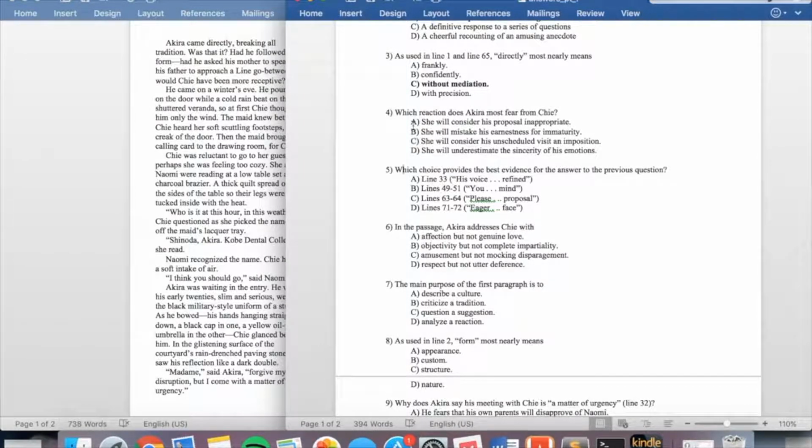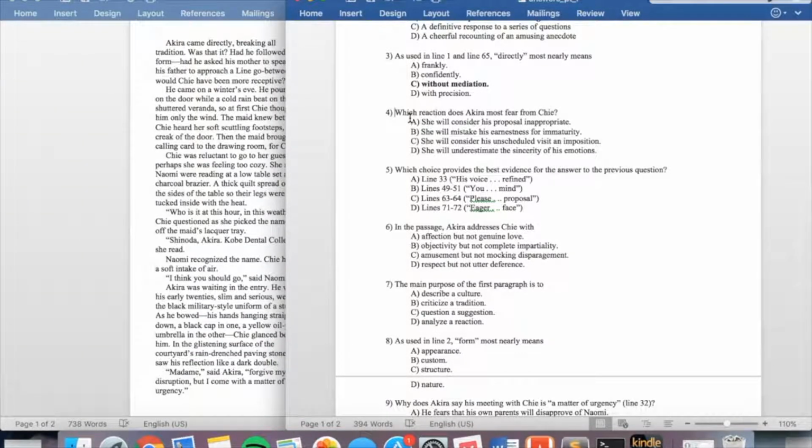I think this is, in general, not a good idea because there are often going to be pieces of evidence in this question that are for incorrect answers from the last one, so it can throw you off. So let's answer this one correctly, and then if there isn't a good piece of evidence that supports our answer from question 4 in question 5, that's when we know something might be wrong.